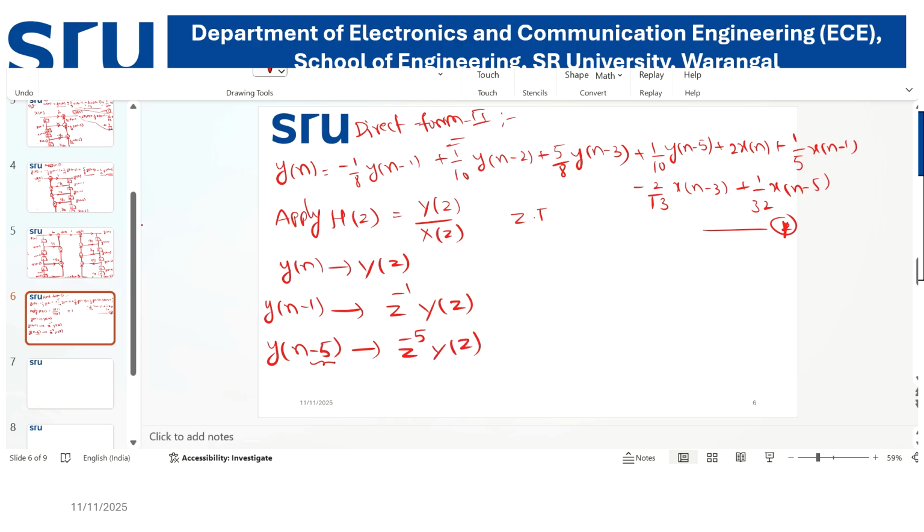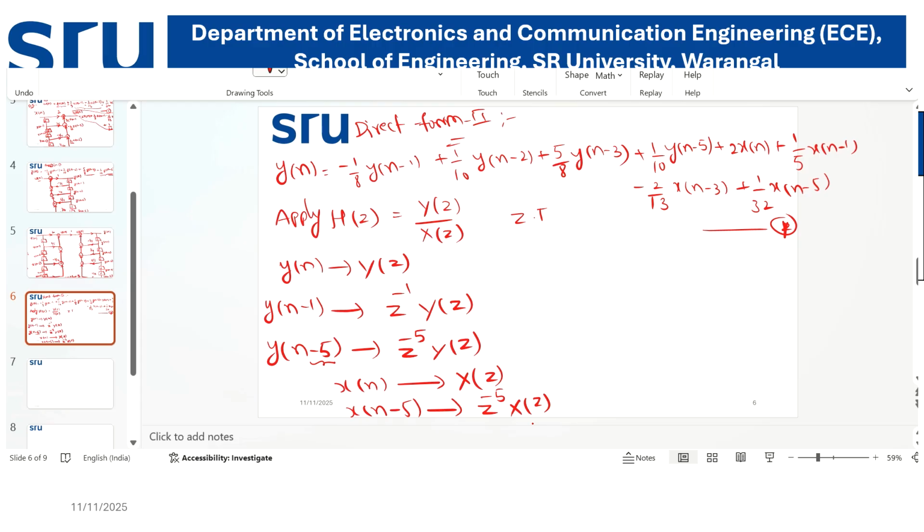Similarly, on x(n), if I apply the z transformation, x(n) becomes X(z). Then x(n-5), if I apply, that will become z^-5 into X(z).